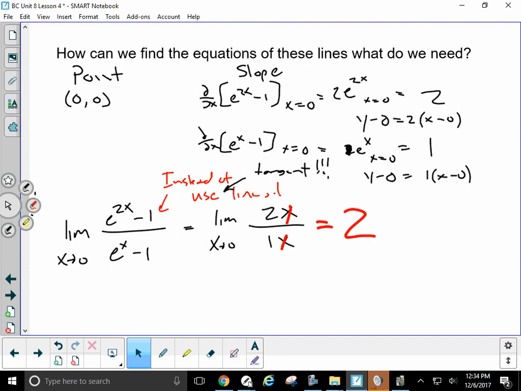Now, if I had a calculator, I can confirm that 2 is the correct answer. How? Using this function. No, I wouldn't find the intersection. No. How can I confirm, using a calculator, that the limit of this is 2?